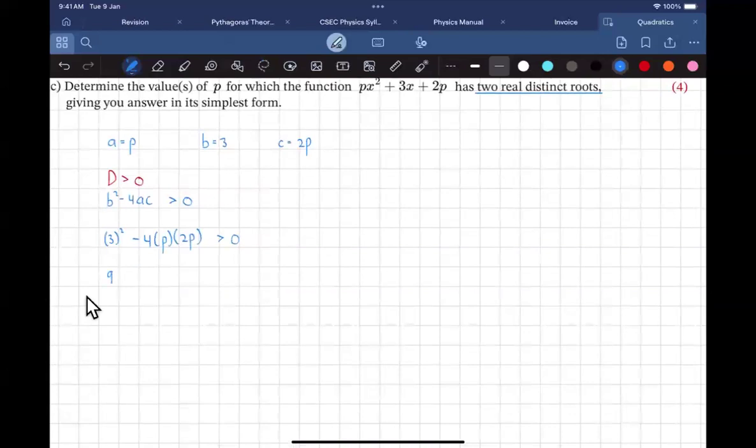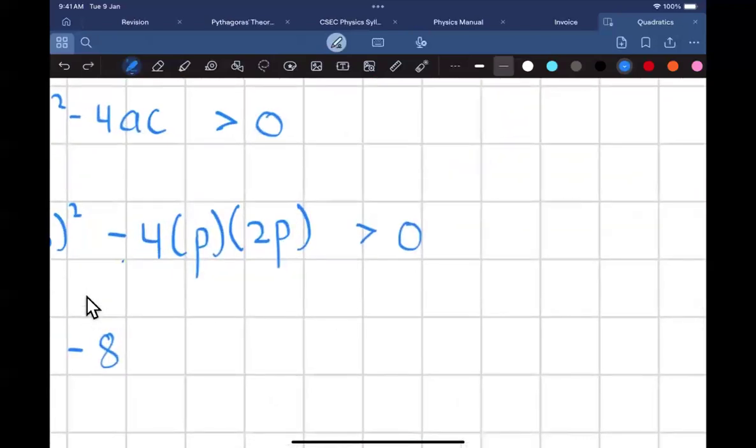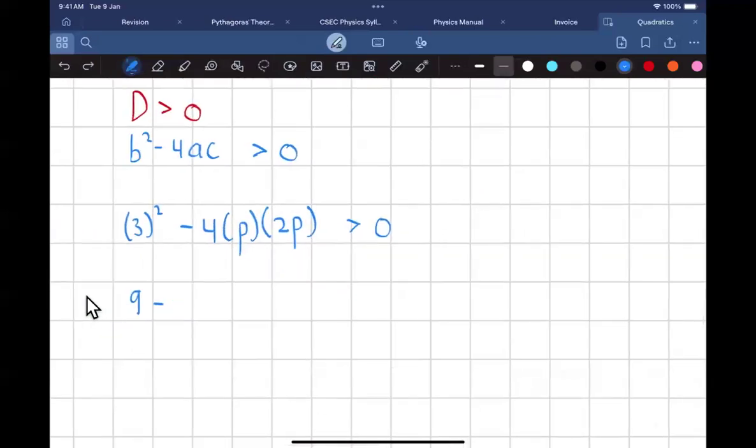Minus 4p by 2p, that is 8p, but you have a negative sign. Watch, you have minus 4 by 2, that's minus 8, and p by p is p squared. So that'll be minus 8p squared.